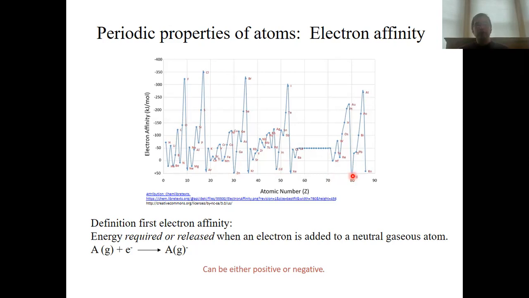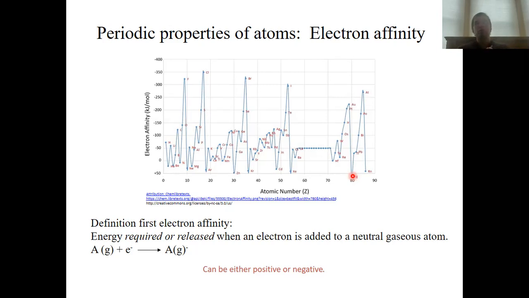So therefore, the only real periodic trend that we can see here is that the electron affinity increases within a period from the left to the right in the periodic table. But the trend is often broken for various reasons. Elements tend to have a negative electron affinity, but some electron affinities are positive.